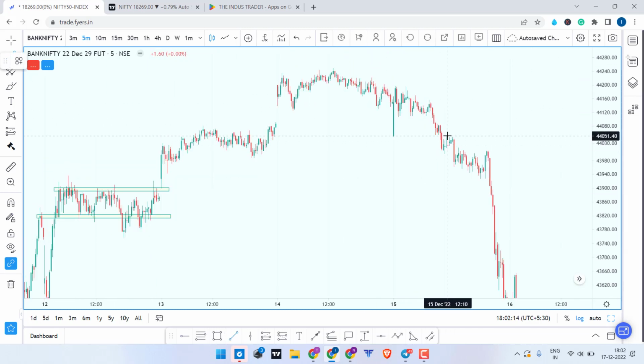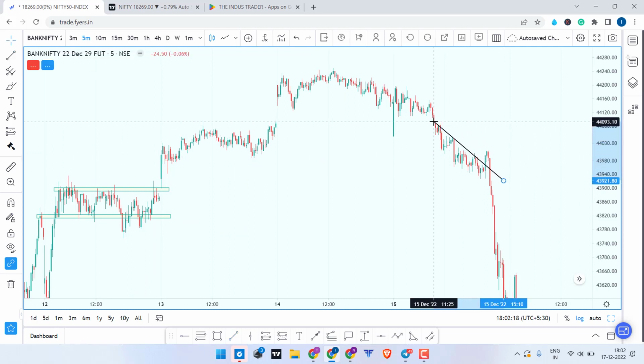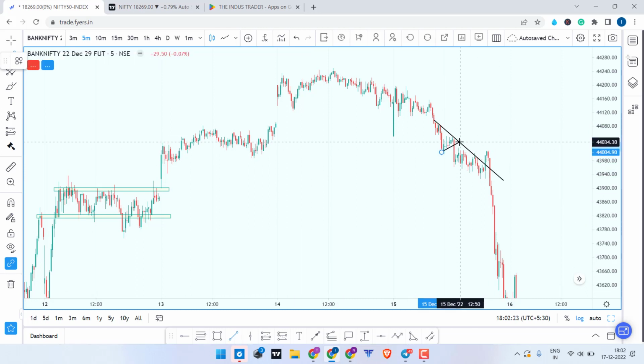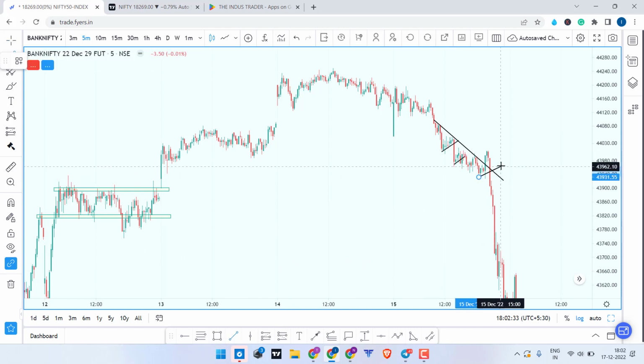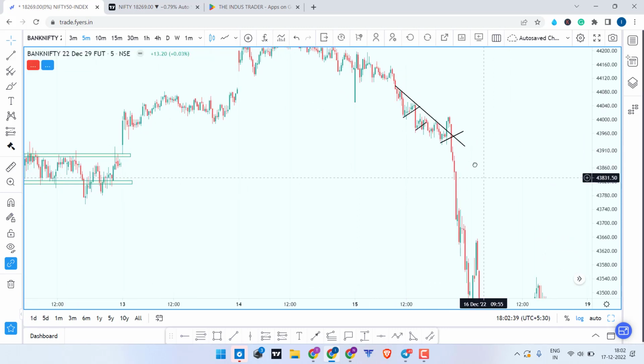If we draw a trend line like this, this is a downtrend. So we draw a trend line in a counter trend like this. We draw a trend line counter trend. After breaking this counter trend line we get a good momentum, you can see here.